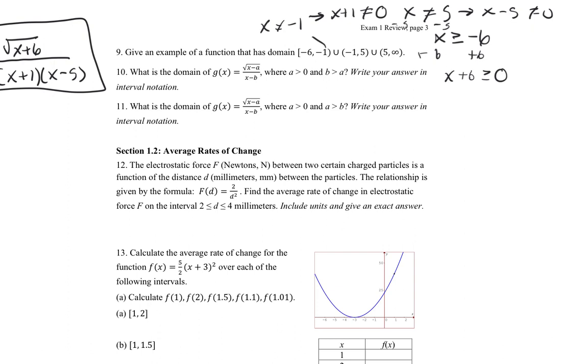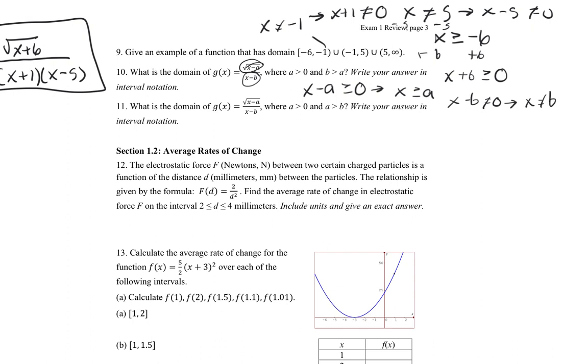So if we start with this top square root right here, we know that with the square root, x minus a has to be greater than or equal to 0. So then we know that x has to be greater than or equal to a. And then for the denominator, we'll have x minus b cannot equal 0, or x cannot equal b.